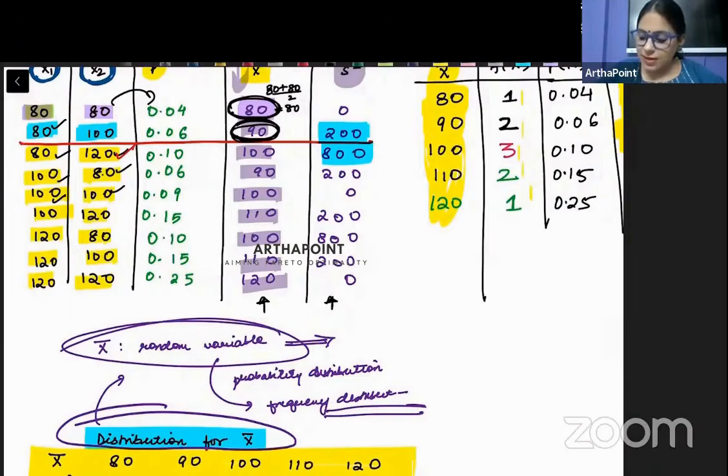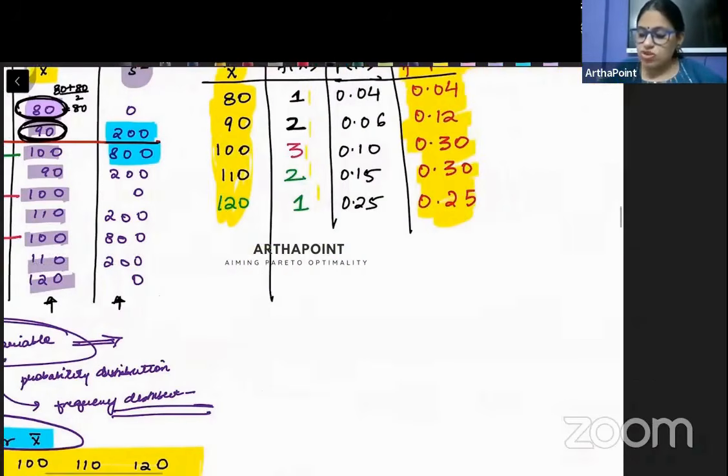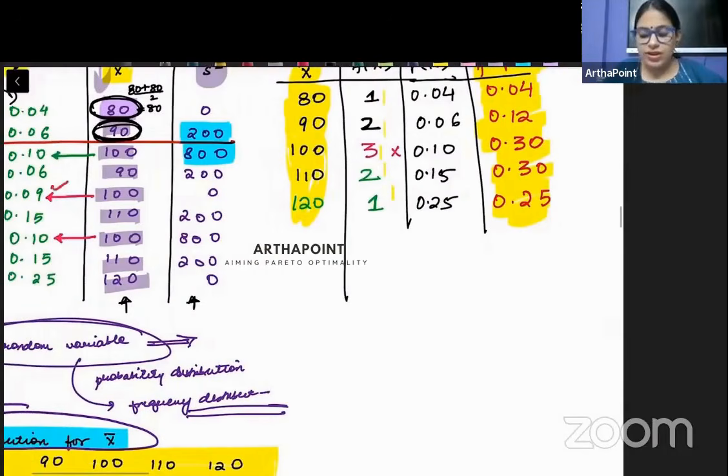The reason is that for 100, the probabilities are not the same, so I cannot simply multiply. You notice that here for 100 the probability is 0.10, here it is 0.90, and again here it is 0.10. It is not the case in any other case, only for 100. So directly multiplying with 3 will give me a wrong answer because one of the probabilities differs, 0.9.